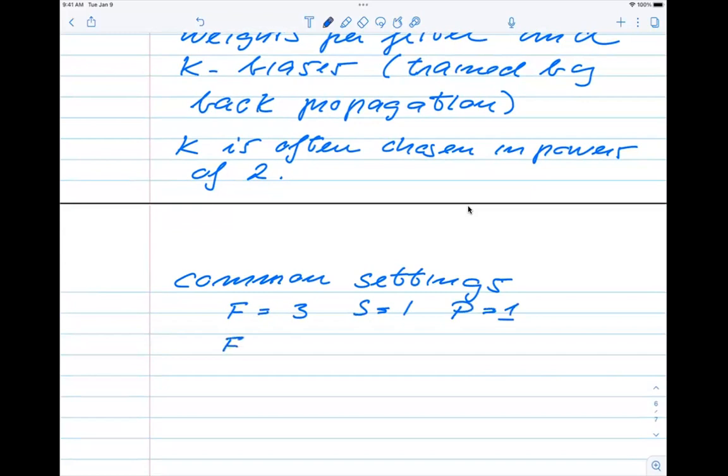You can have F equal to 5, and S equal to 2, and padding equal to 2 is another common setting. Alternatively, you have F equal to 5, S equal to 2, and then you can have paddings which are 0, 1, and 2. So these are pretty common parameters in setting up many of these neural networks.